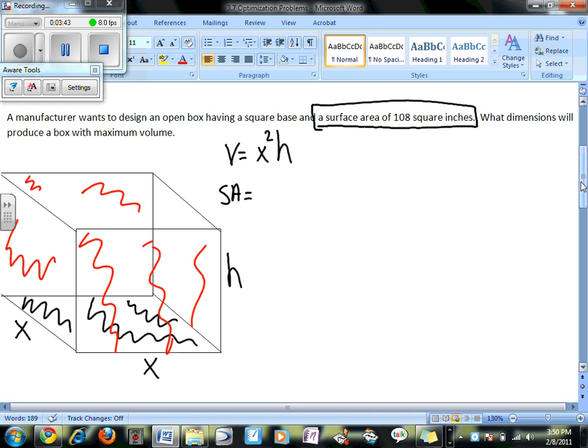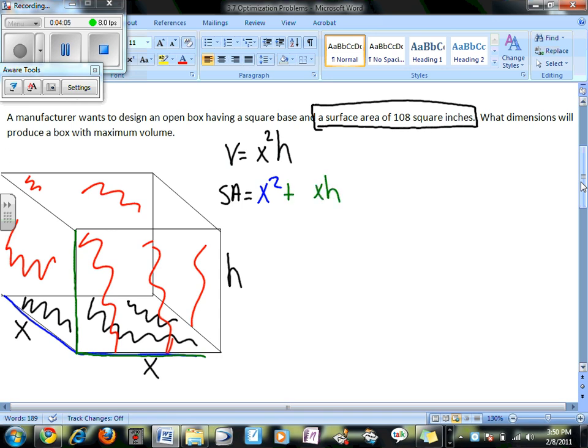If I want to find the area of the base, it would be x by x, that is x squared. The area of the front side and the back side are going to be the same. Here's the front side, it's going to be h by x, so plus h times x.